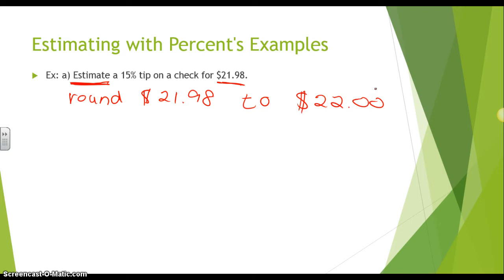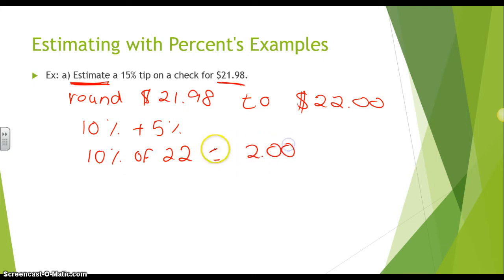Then we have to think that 15% would be 10% plus 5%. So if we think 10% of 22, 10% of 22 is going to give me roughly about $2.